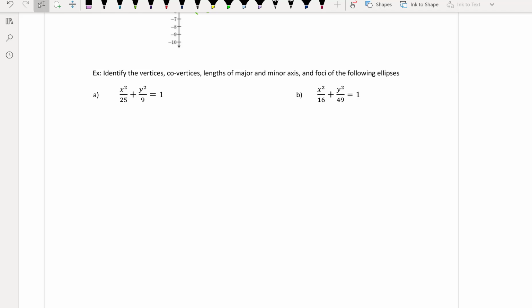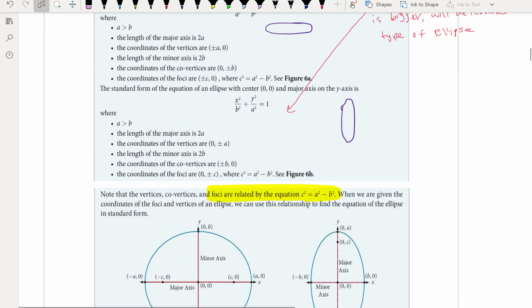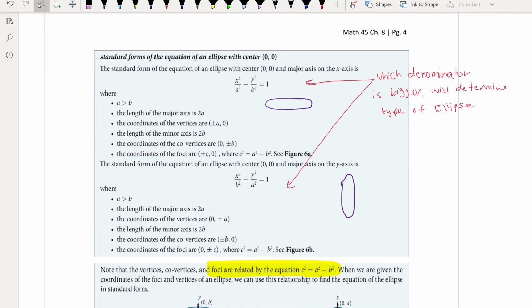We may or may not run out of room for part B. So really, the way I'm going to be doing this is by making sure that I have this page very handy, okay? So page 4 is really telling me how I'm going to be coordinating everything. So it all depends on which denominator is bigger, and it will determine how I'm going to be calculating the vertices, the co-vertices, and the foci, okay?